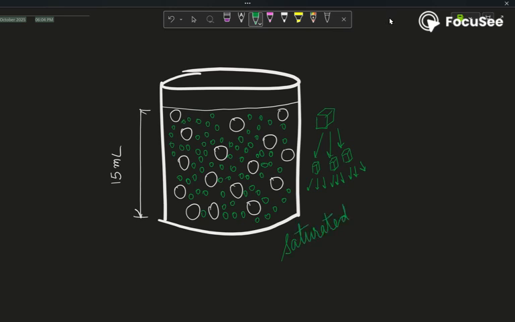At a particular temperature and pressure, when no more sugar can be dissolved in a given sample of solvent, the solution is said to be saturated. So in this case, the solution will get saturated when all the sugar particles end up occupying the space in between the water molecules, leaving no more space for any new sugar particle to get dissolved. And now the solution is said to be saturated.